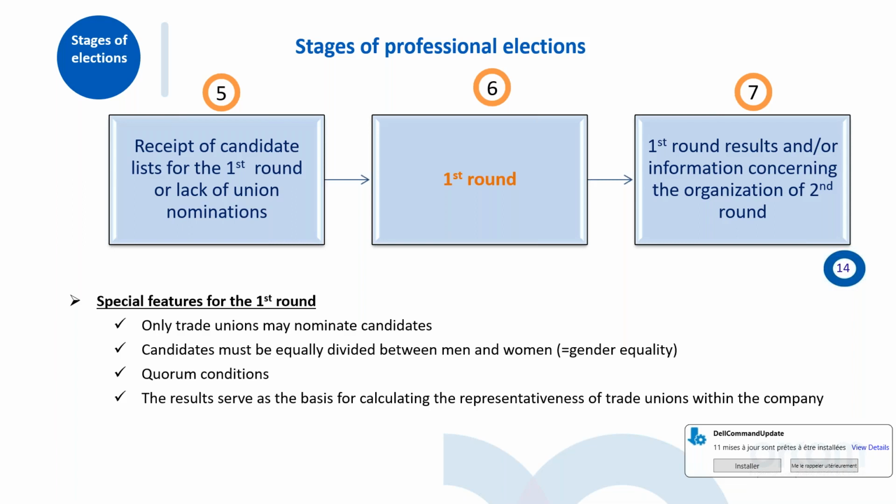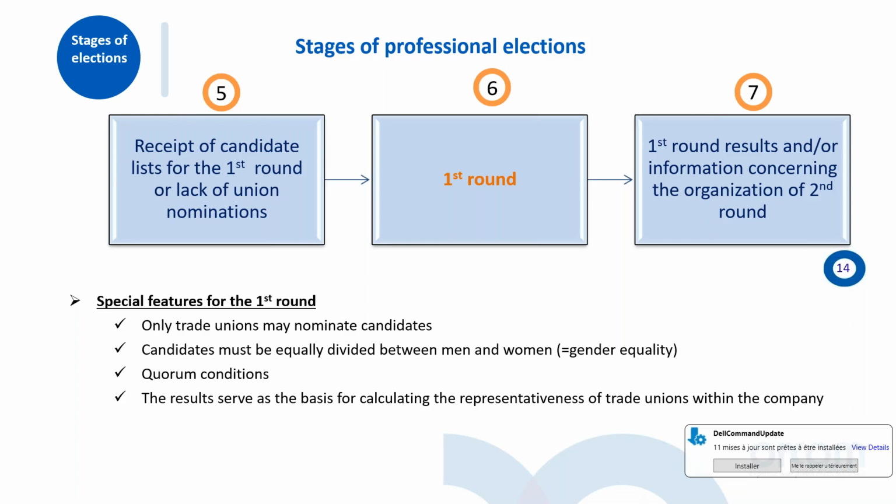During this first round, only trade unions may nominate candidates. The candidates must be equally divided between men and women to have gender equality. You'll need to respect quorum conditions to have this first round, which means that if the quorum condition has not been reached, you'll need to proceed with the second round.